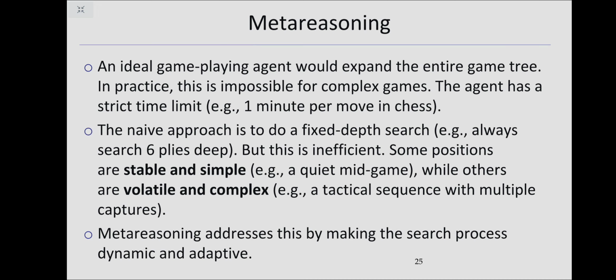Otherwise, some actions are very, very important, and they can violate the problem. For example, you have a tactical sequence that causes a great benefit or a great loss in the game. We refer to this state as the violated state or sharp state.